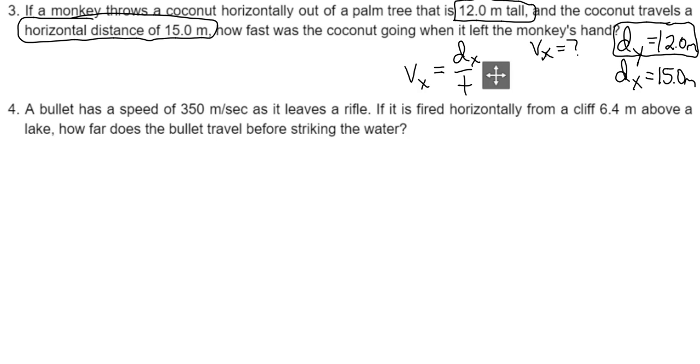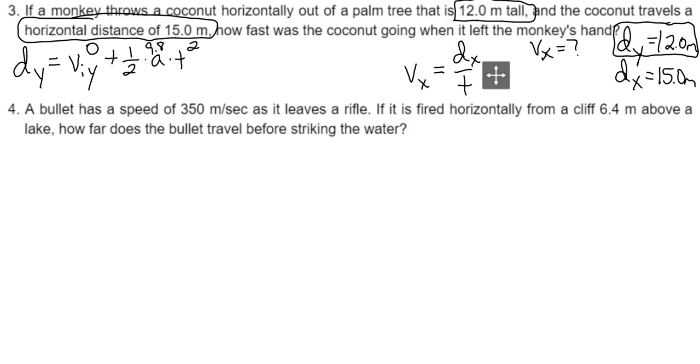So in order to figure that out, we take our distance in the y direction is equal to our initial velocity in the y direction, which is 0, because in the y direction it's basically the same as falling out of a tree, plus 1/2 times acceleration due to gravity, which is 9.8 meters per second squared, times time squared.